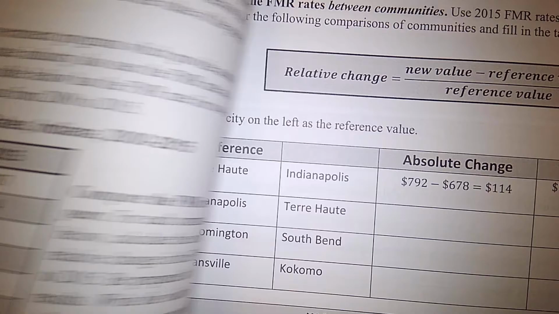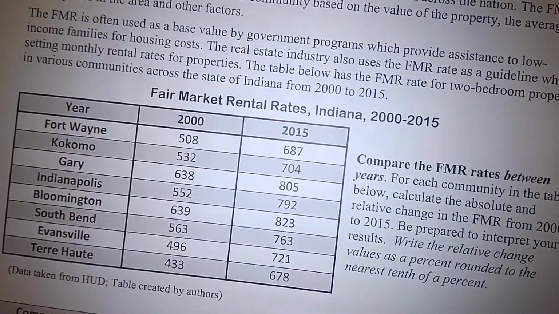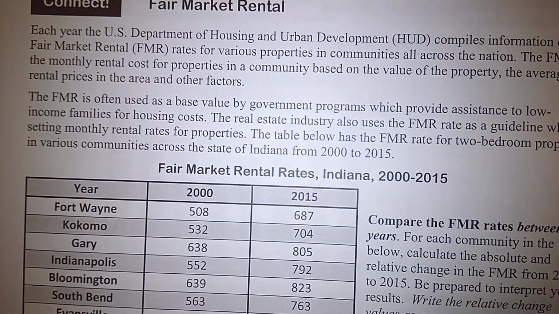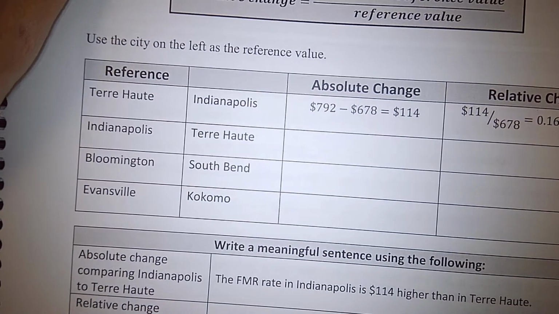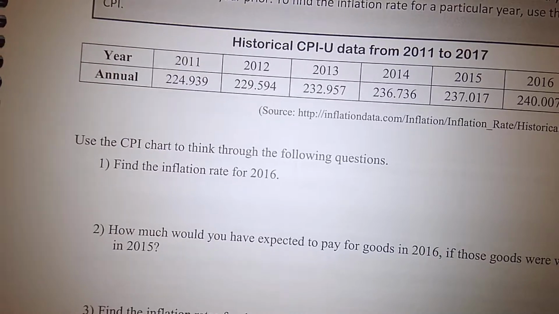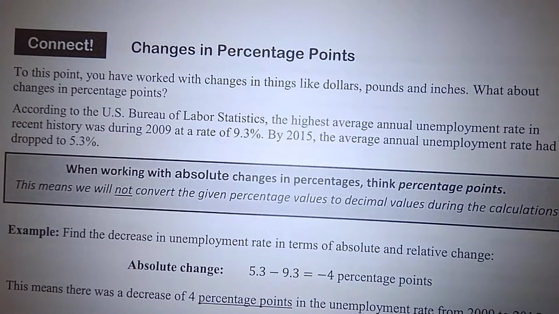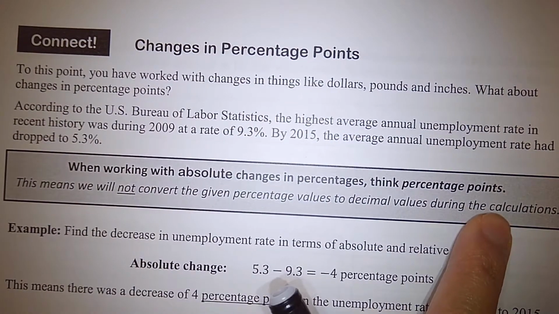Then page 74, entire page. Page 75, entire page. Page 76, entire page. It talks about percentage points.